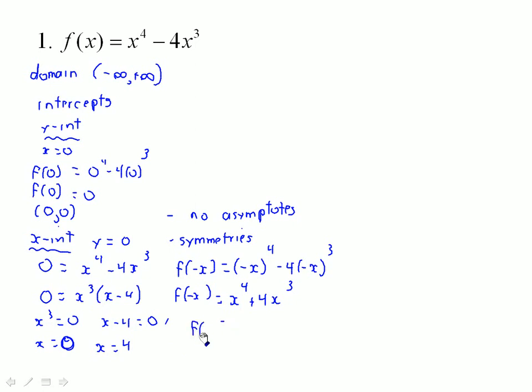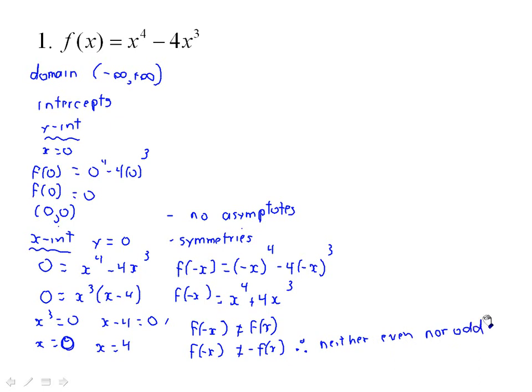So I'll say this, f at negative x, it's probably easiest just to tell like this, is not equal to f at x, and f at negative x is not equal to negative f at x. So therefore, neither even nor odd. The other way to look at that would be to say that there are no symmetries.